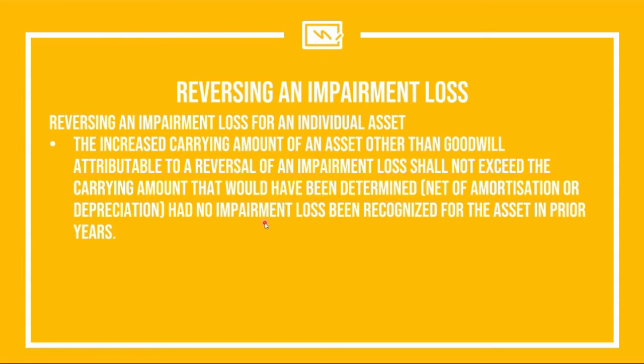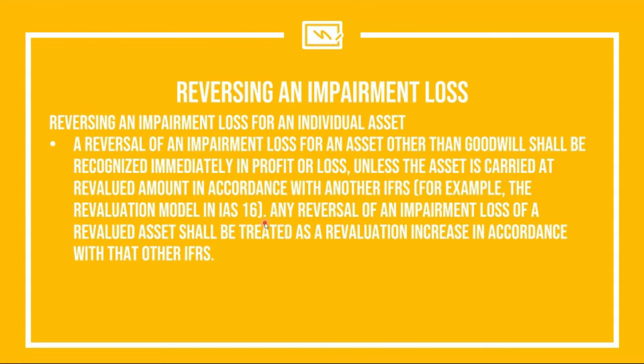The answer is 300,000 only, which is the difference between 1 million and the 1,300,000 which was assessed as the new recoverable amount. Okay? The 1,500,000 is not relevant in this case because it was not exceeded. Okay? That's the maximum, but that does not mean that it is always the amount to be recognized. Okay? Anyway, we have other examples in the next portions of the video, in the playlist.